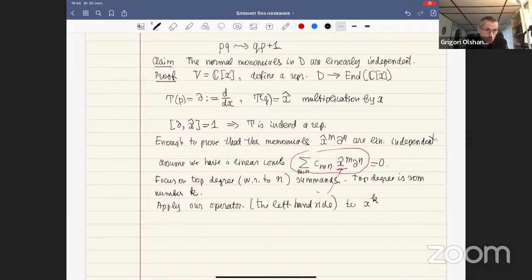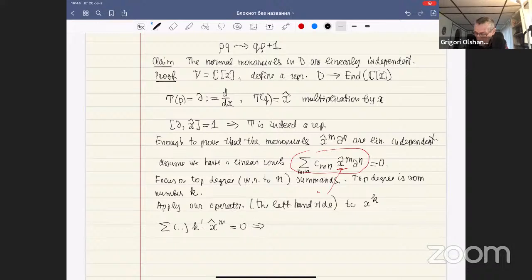Their effect is equal to 0, and we look only at the top degree terms, and we get the coefficient multiplied by k factorial, and this is equal to 0 inside the algebra of polynomials.